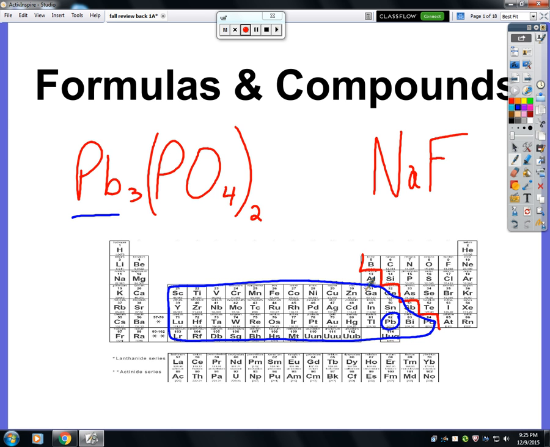And so it has a Roman numeral. So when you're writing this, you would make sure that you write lead, Roman numeral, I don't know yet. And then you look at this and you say, oh, that's a polyatomic ion, and that is phosphate. So that's step one to naming this compound.